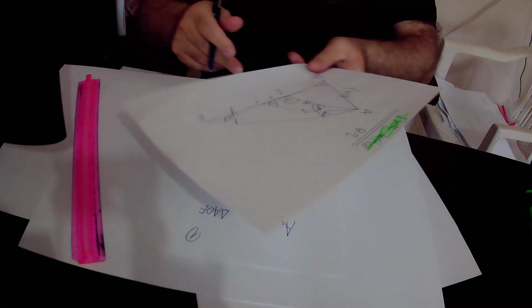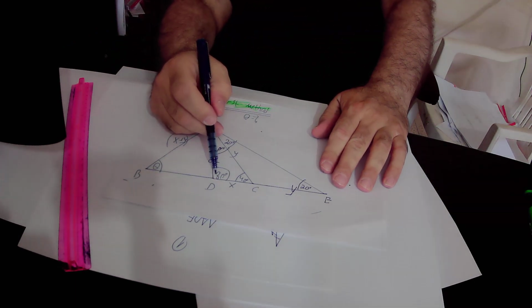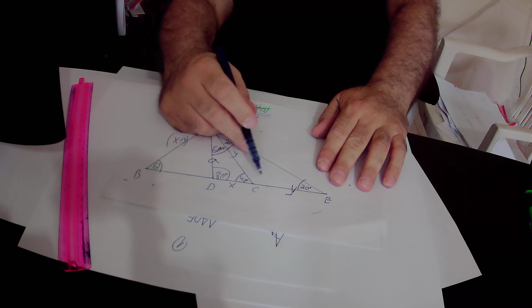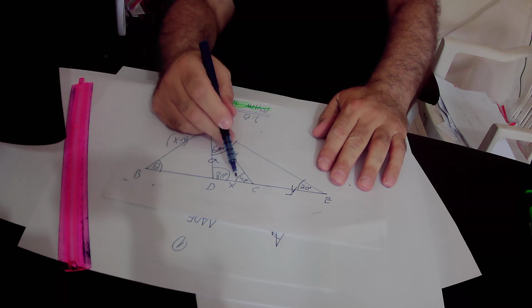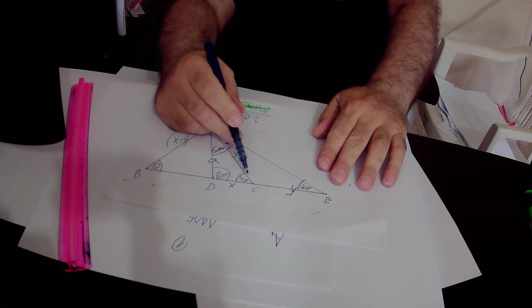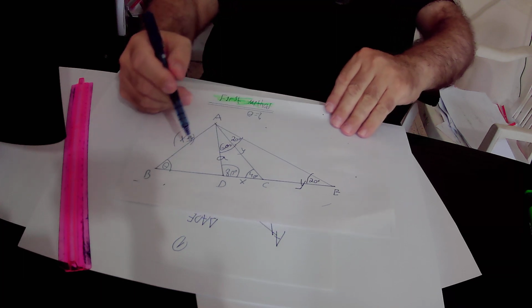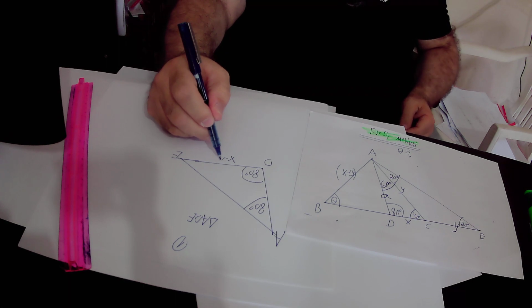What is the length of line segment DE? The length of line segment DE is DC plus CE. Again, DE equals DC, that is X, plus CE, that is Y. In total, DE equals X plus Y.